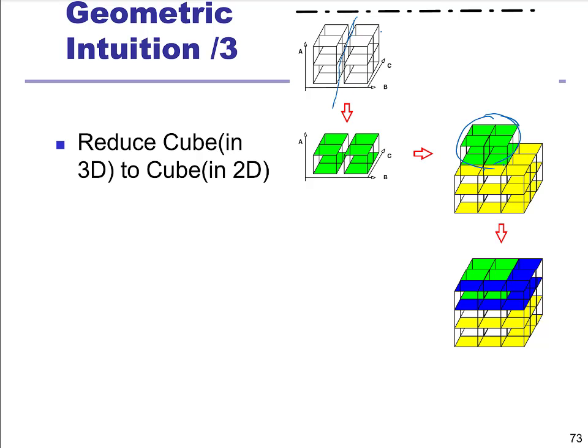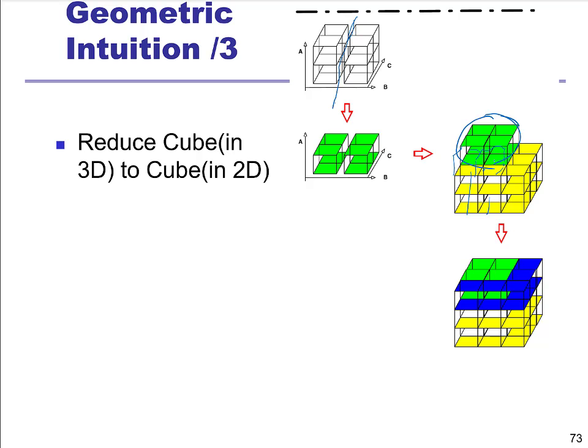Then we can have, of course, the green part, but also the part here, and perhaps another two cells, in fact, here and here.